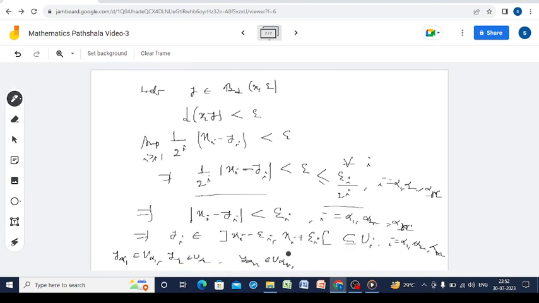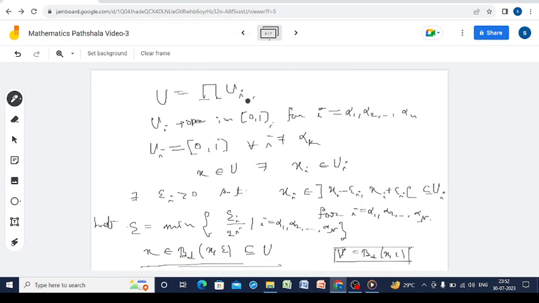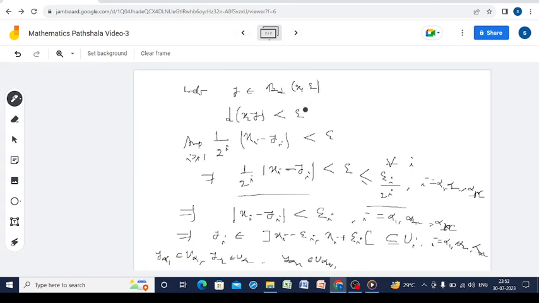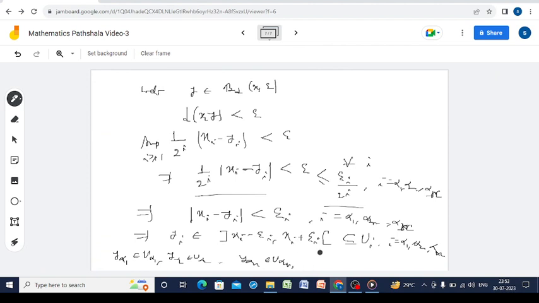So since here y_α1, y_α2, up to y_αn belong to U_α1, U_α2, U_αn, and the rest are the closed interval [0,1], clearly the other y_k will be in [0,1]. So our y will be in this product of U_i, and that is equal to our U.